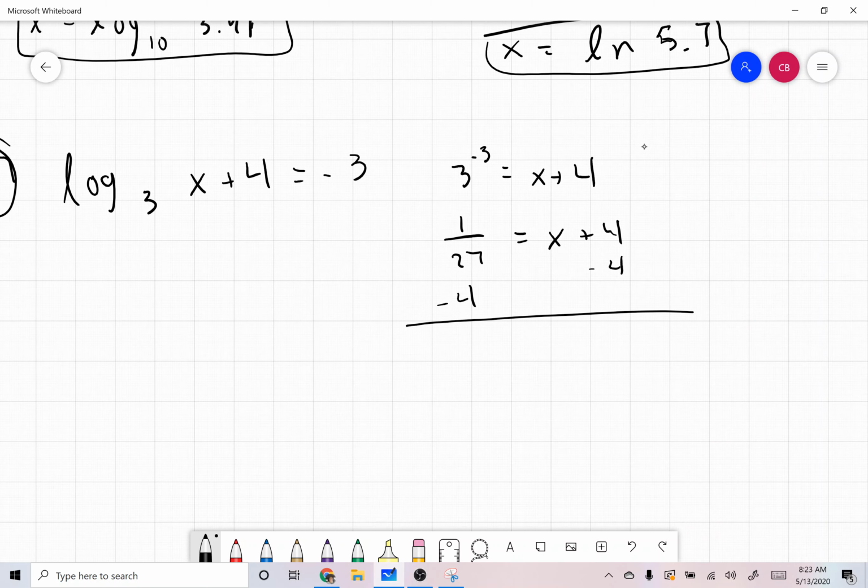This is 27 times 4. Wait, oops, that's not 21, that's 28. 108. So this is 108. So 4 is equal to 108 out of 27. If you subtract that, that's 107 out of 27 is equal to x.